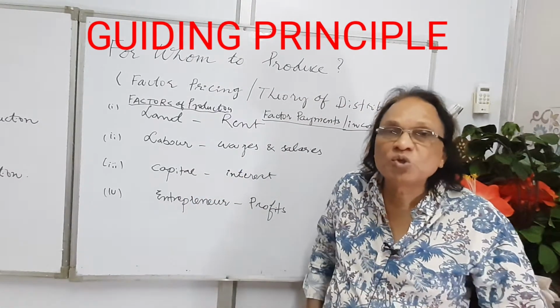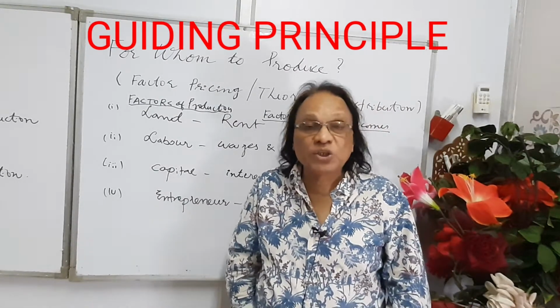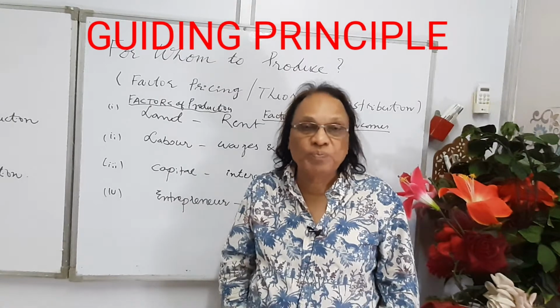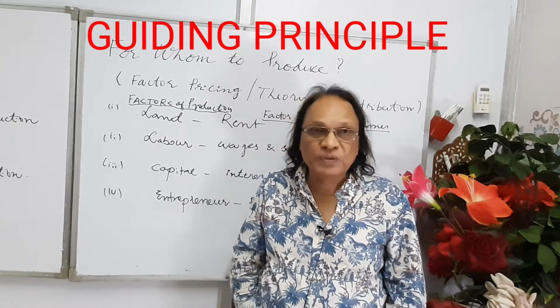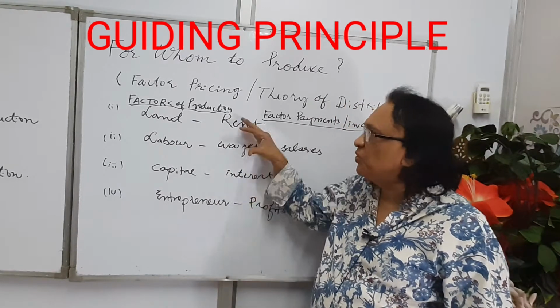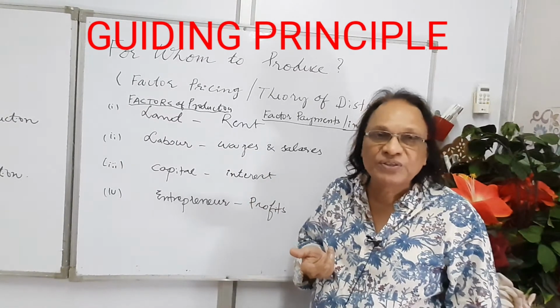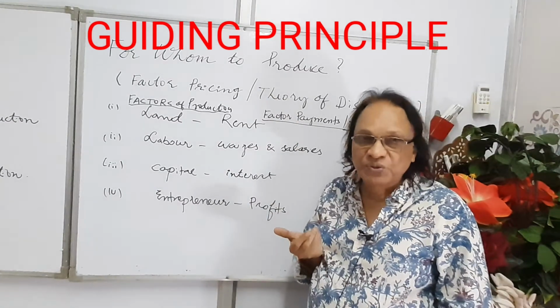Or in some of the books you must have read it. So the economy has to decide for which section of the society the goods should be produced, for whom to produce. Of course, if the national income is properly distributed among them, even the laborers can afford luxury goods. So that comes out to be for whom to produce.